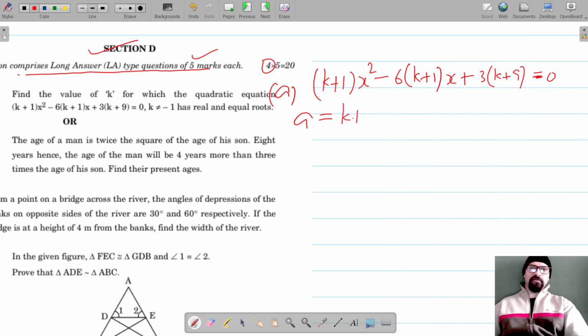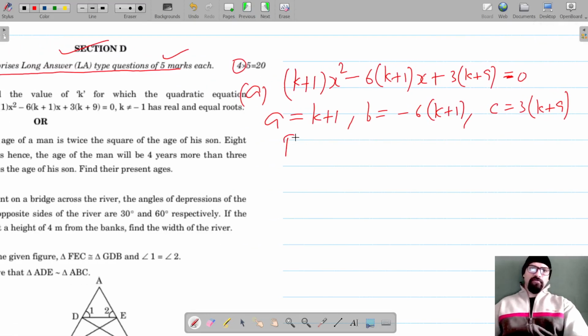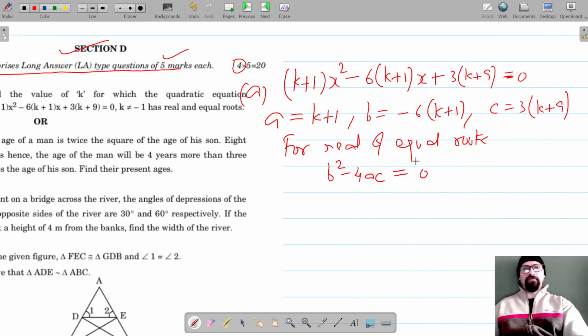So a here is k plus 1, b is equal to negative 6 into k plus 1, and c is equal to 3 into k plus 9. For real and equal roots, we know that b square minus 4ac, the discriminant, is equal to 0.